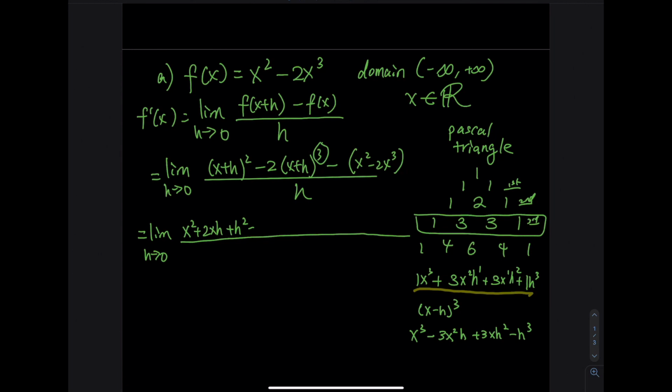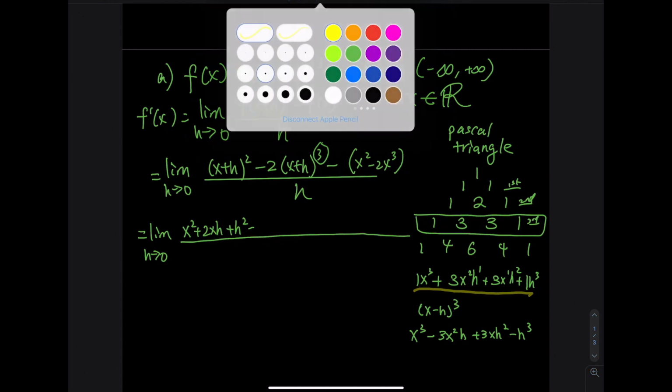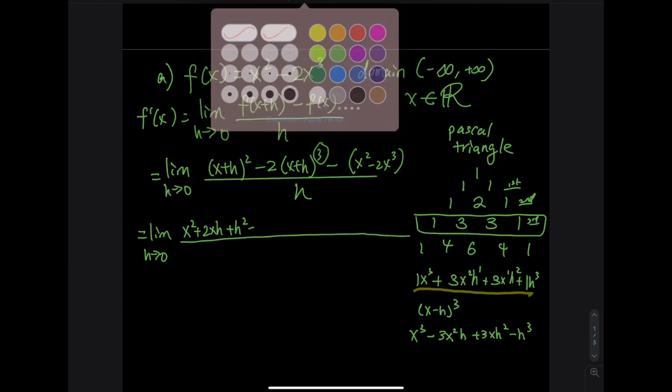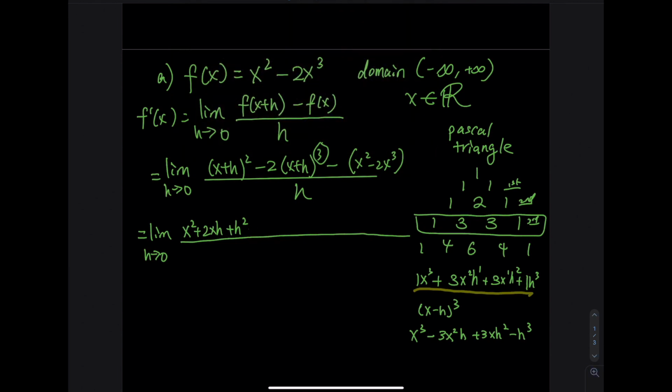I will just distribute the minus 2 to every single term and then write them out. So we have a minus 2. I can use red. So we have a minus 2 x to the third, and then minus 6x h squared, minus 6. Oh, actually, this one is x squared h.